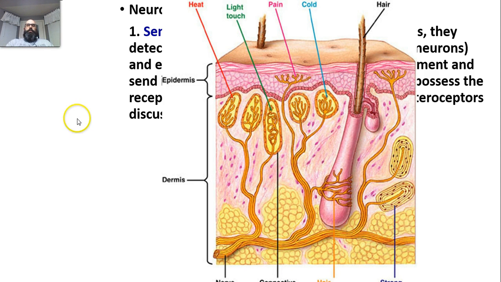Example here, sensory neurons that detect heat, light touch, pain, cold, and the movement of hair follicles, because right here, these are actually neurons that attach to the bottom of a hair follicle. You have corpuscles, and here's the actual nerve. You'll notice that all of these things, even though they serve a different function, end up coming down here and connecting to a single nerve, which will eventually run in.